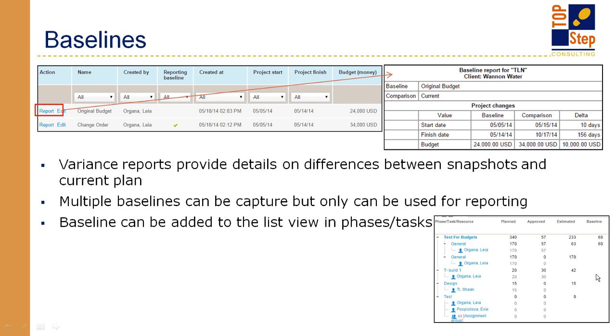The baseline is literally that point in time that will never change. So there is the ability to say, okay, my budget's way off. What I planned is way off. What I need to do now is use what I have estimated as my plan. So I click the hyperlink that allows me to update my plan based on what I have in my estimate.